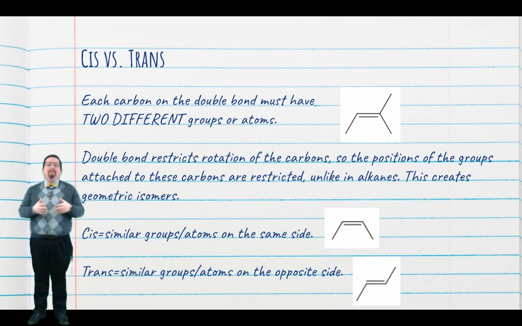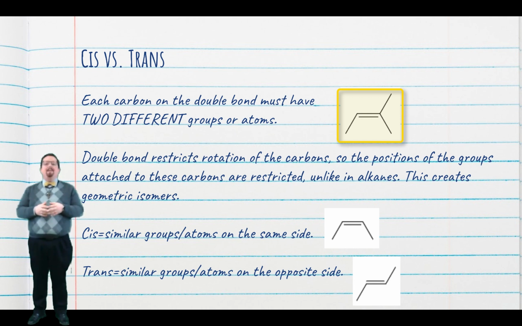This creates geometric isomers, and it's the reason we have to specify how our groups are arranged around a double bond. In order to have geometric isomers, each carbon that's a part of the double bond has to have 2 different groups or atoms attached to it. If either carbon has the same 2 groups attached to it, for example, 2 hydrogens or 2 methyl groups on the same carbon, it cannot have geometric isomers.